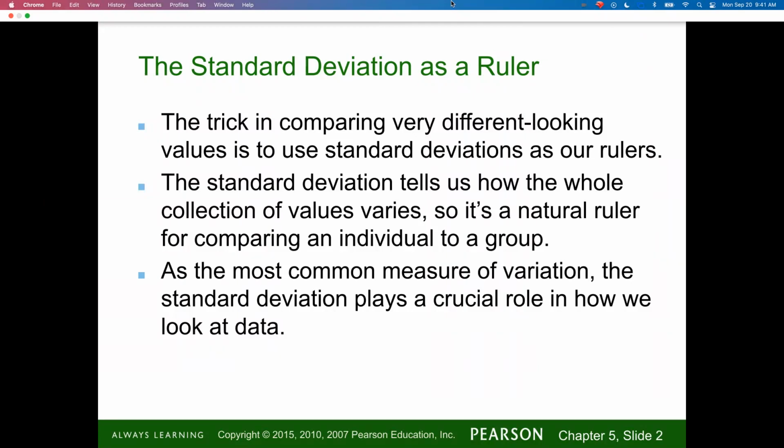I like to use the word metric, but if the standard deviation is relatively high, then you have a pretty wide spread. If it's low, then you have a relatively narrow distribution. But the most common measure of variation is the standard deviation, and it really helps us to determine how to make predictions with the data that we have.